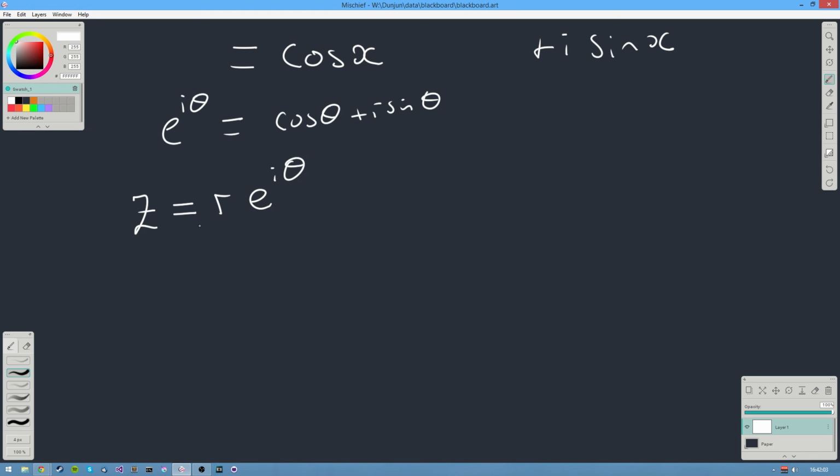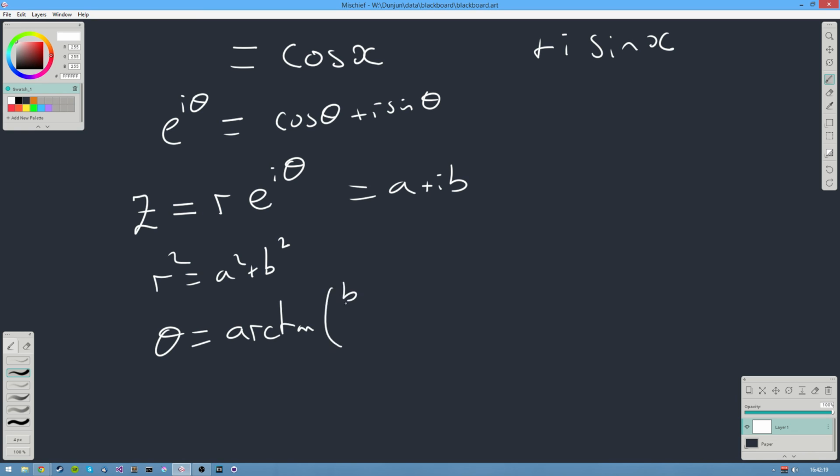And r squared equals a squared plus b squared, if z is also equal to a plus ib. And theta, another way of writing theta, would be the arctan of b over a. And that can be easily proven with just triangles.